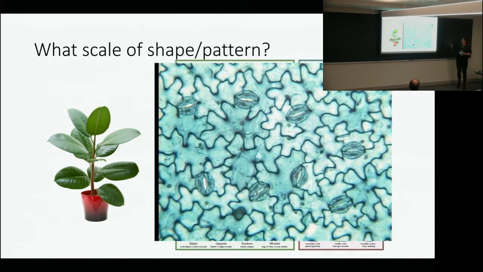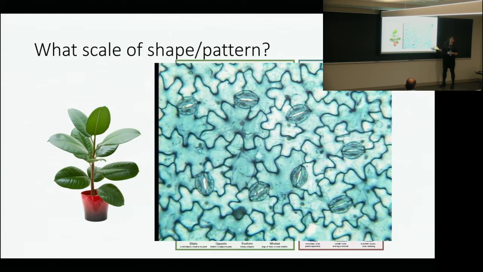This is an image of a bean leaf surface. If you take any plant, this is not a bean, but you could take this plant, and look at the surface of its leaf, and what you would see are cells that look a bit like this. An individual cell looks a bit like a puzzle piece stuck together.